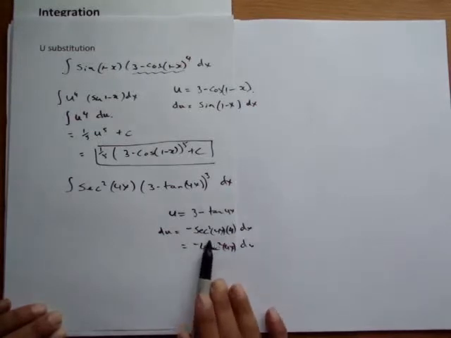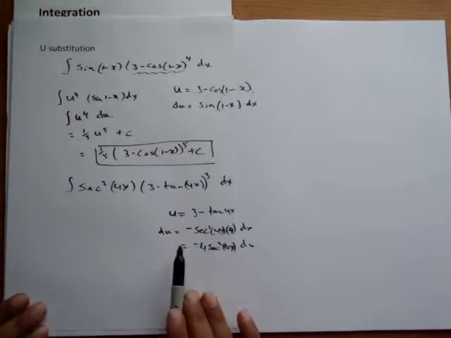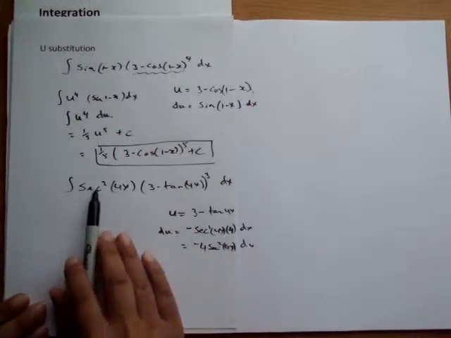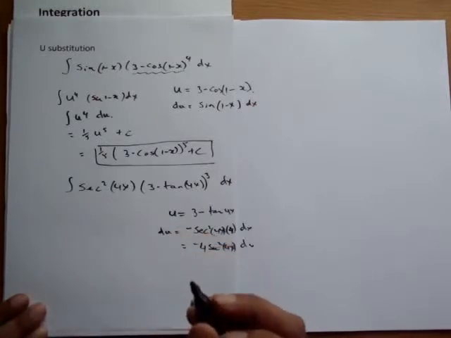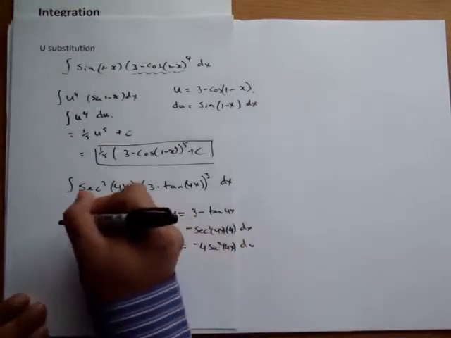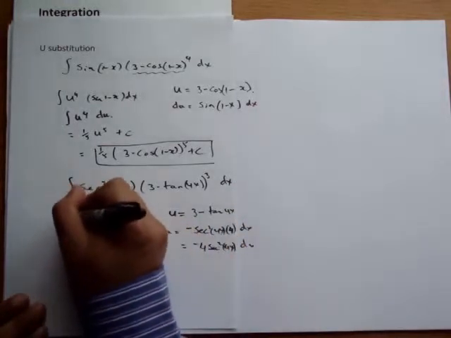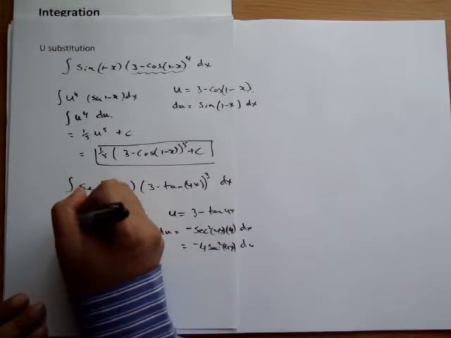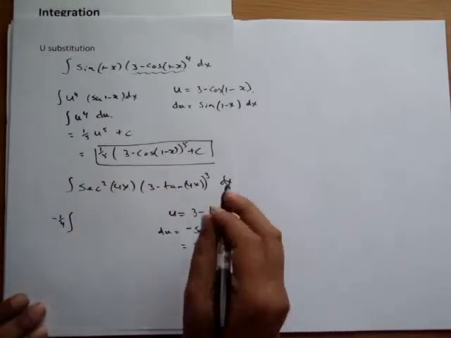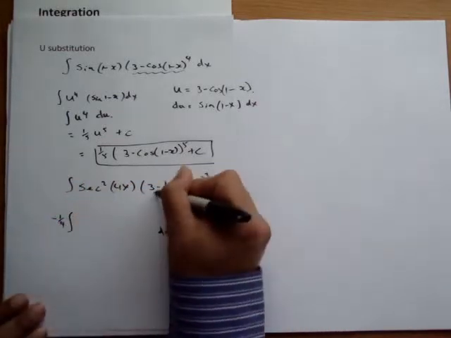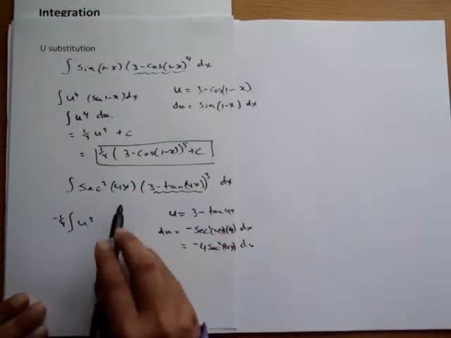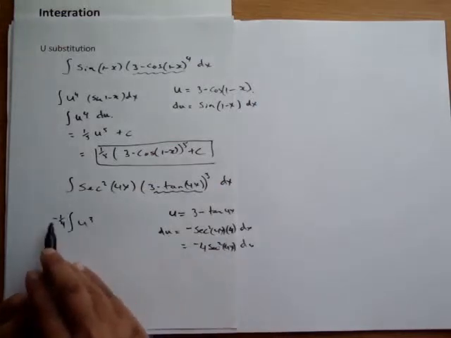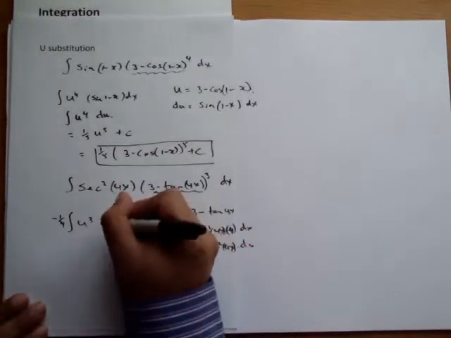Now we can see that the sec squared 4x appears in our integral, so this becomes minus 1/4 integral of u to the power 3, and then our sec squared 4x dx, we've moved the minus over here, is du.